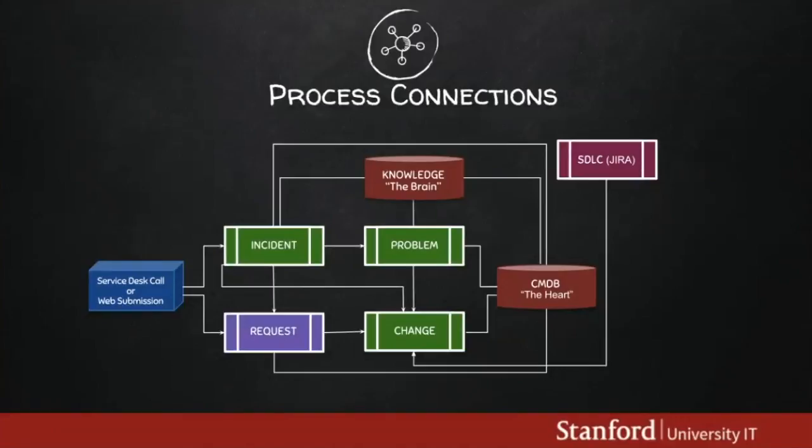You identified the root cause in problem management, and then to resolve that problem, you need to create a change request and a change to a production environment to resolve that problem. Or you can just create a change request for normal things that are happening that need to be updated or pushed out directly. So just to kind of drive home the point and the connections between the processes.